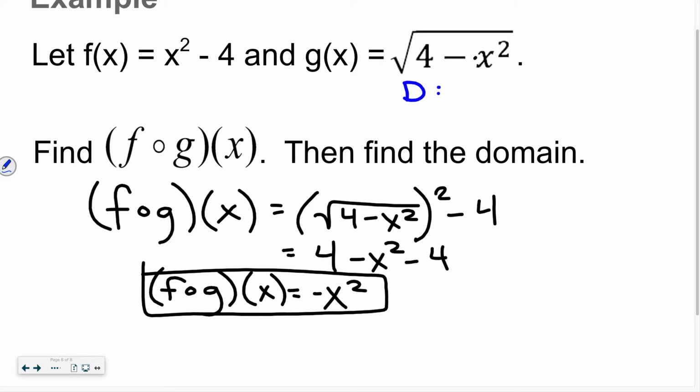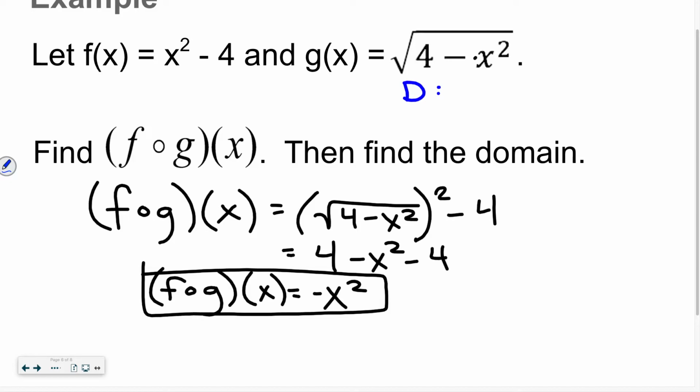So if x squared can be 4, and it will still work, and that's the highest number that will work, what would the value of x be? Twos. If I put 2 in, that gives me 2 squared, which is 4, and that works.